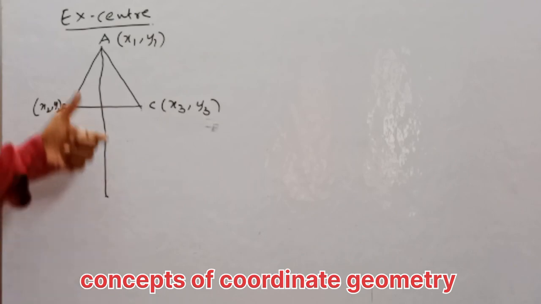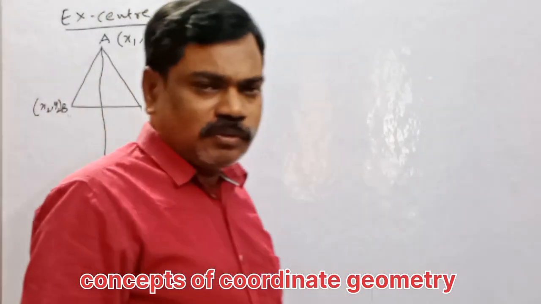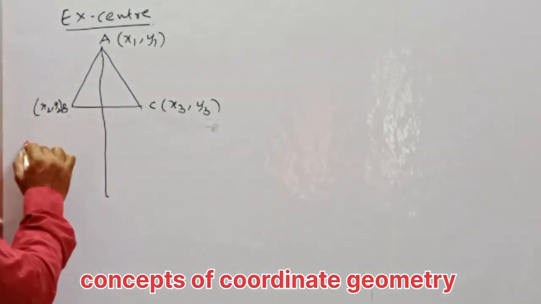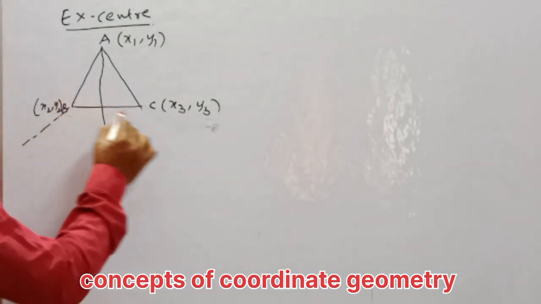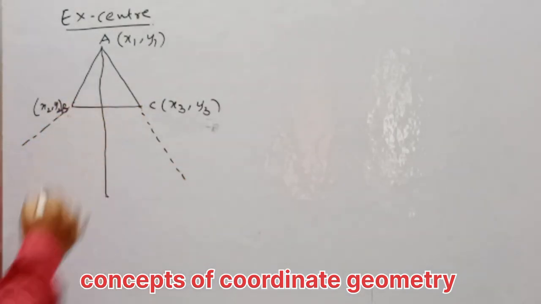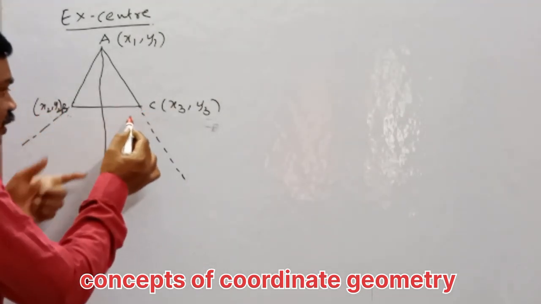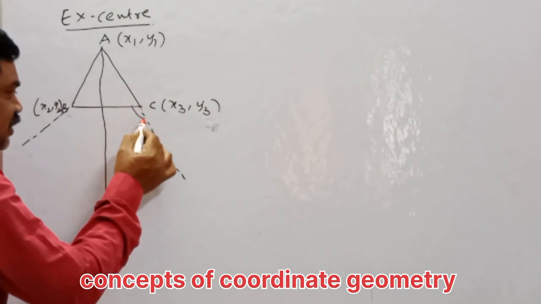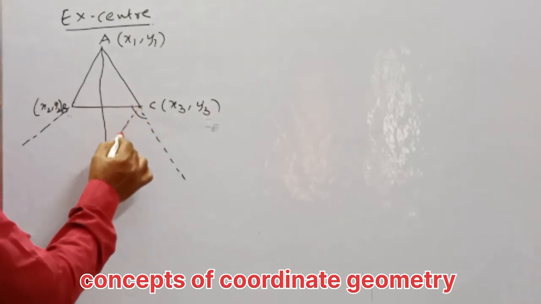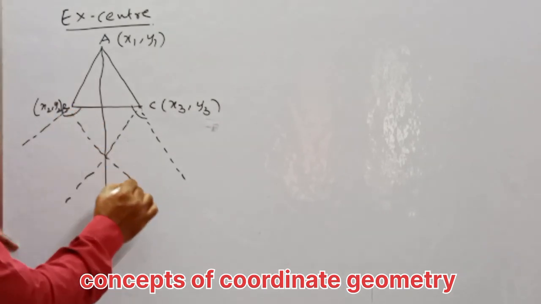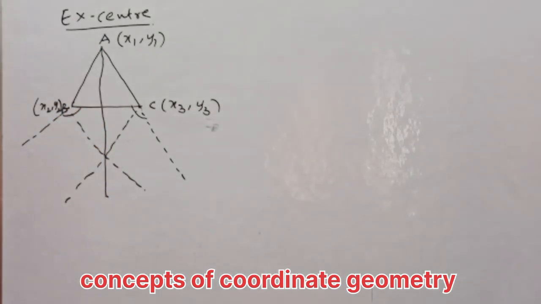What is the excenter? Suppose we draw the angle bisector from A like this. You extend B to here and you extend C to here. At B and C you draw the external angle bisectors like this.